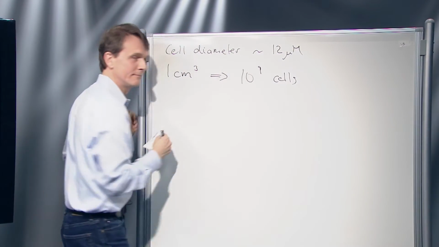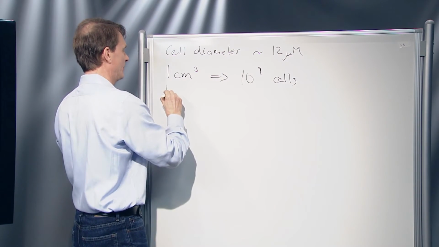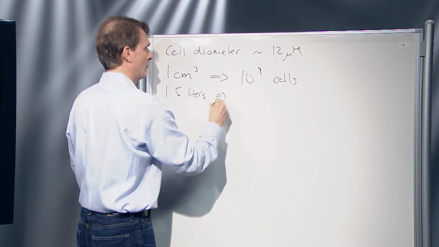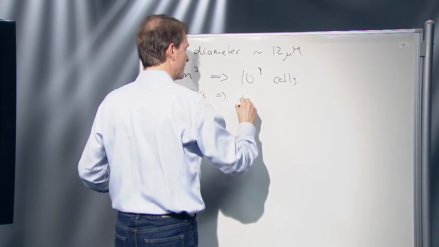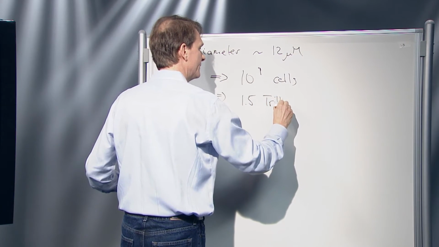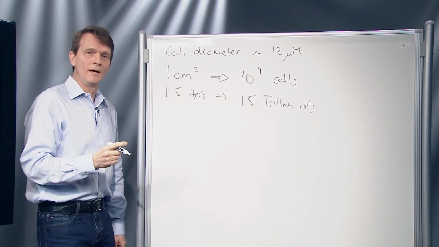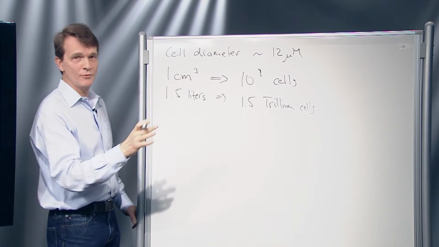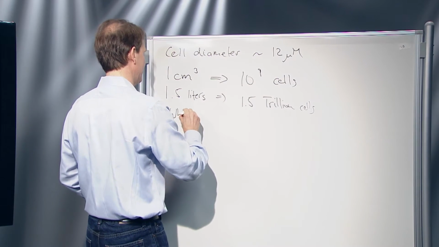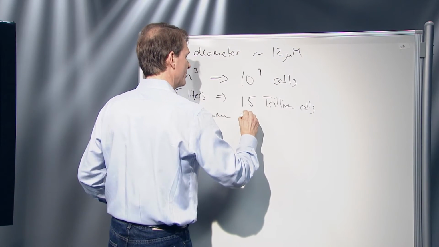Let's talk about your brain. Your brain is approximately 1.5 liters. 1.5 liters is approximately 1.5 trillion cells. And you, the whole human being, is approximately 100 trillion cells.